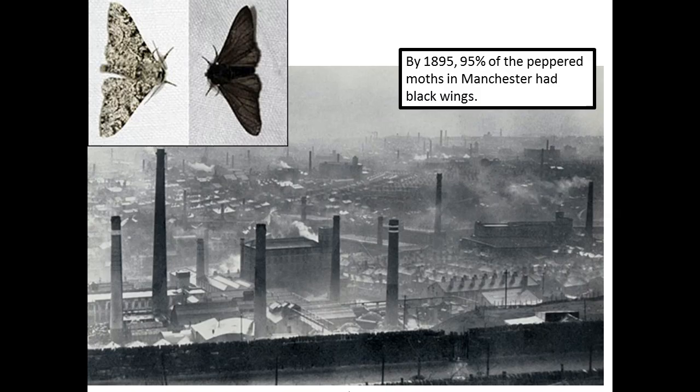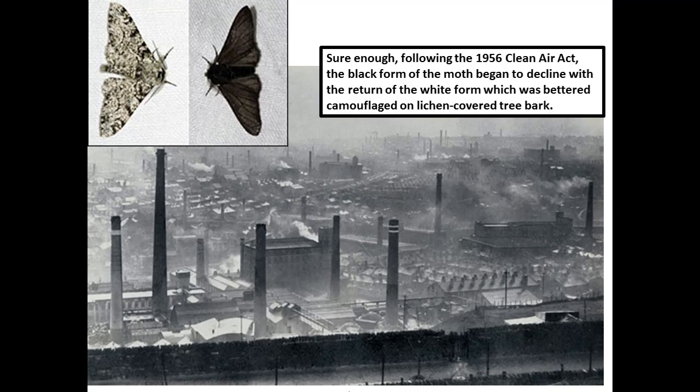By 1895, 95% of the pepper moths in Manchester had black wings. But when the Clean Air Act was developed in 1956, the area became less polluted and the trees weren't covered in sooty black smoke anymore. So the black moth was replaced by the light one, again because it was now easier for the light one to survive.